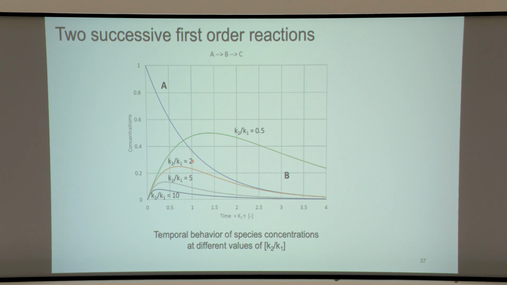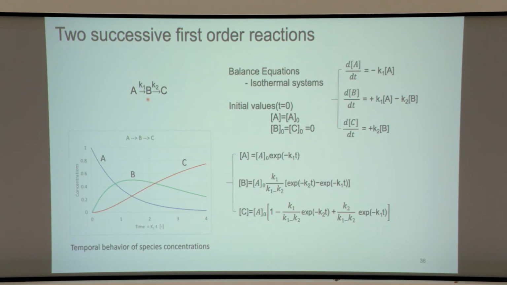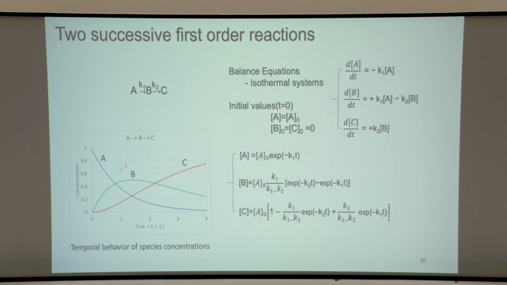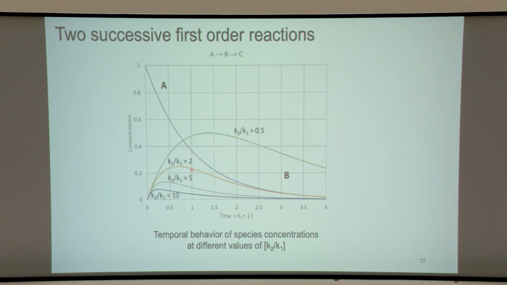Now you take these two rates, K1 and K2, and you change their ratios. In this first one, we could say K1 and K2 were roughly the same, because you see here A is being consumed, B is formed, and B is consumed. So the rate of decay of A is almost close to the rate of formation of C. So roughly K1 is equal to K2.